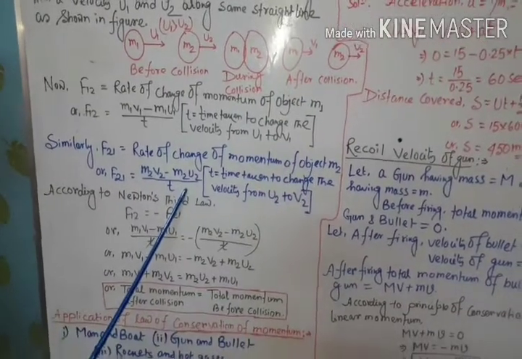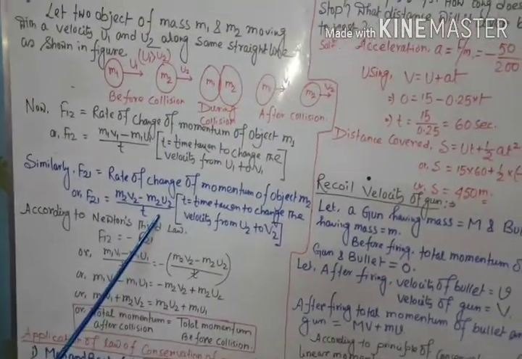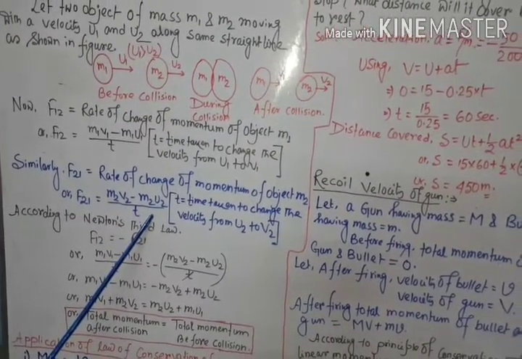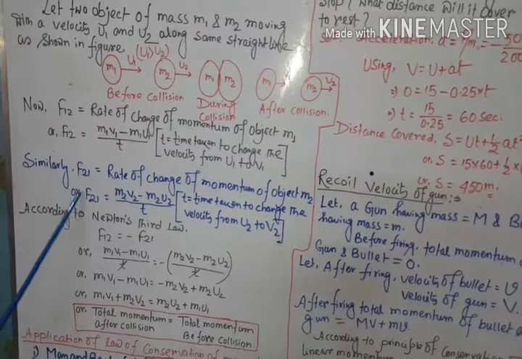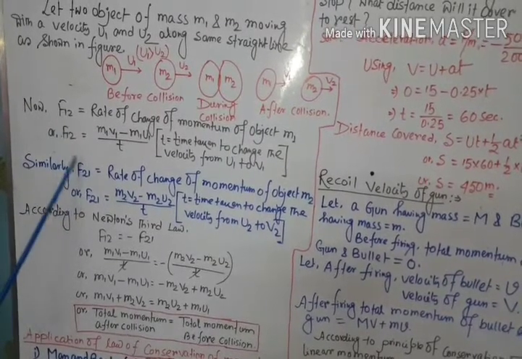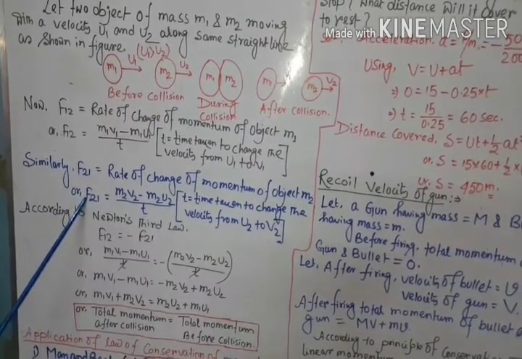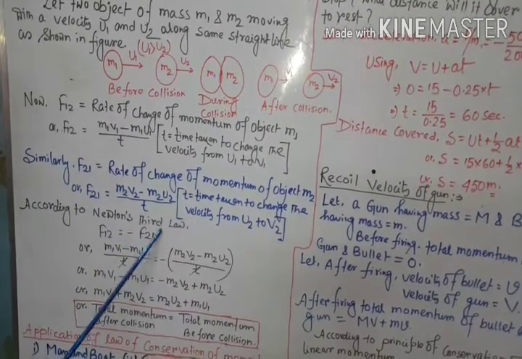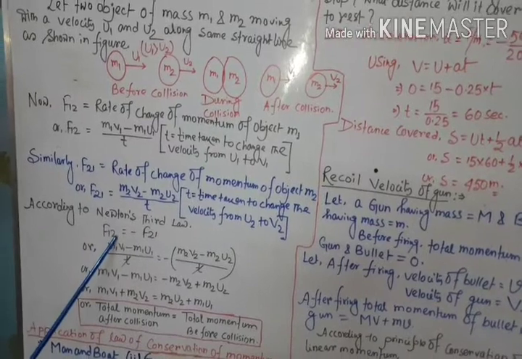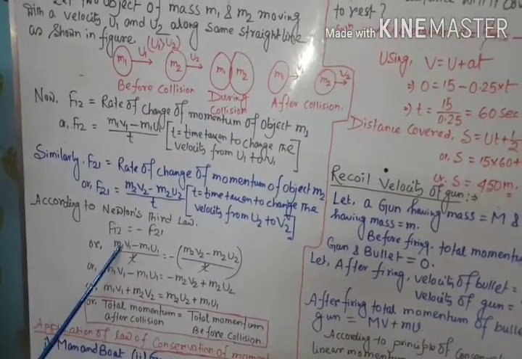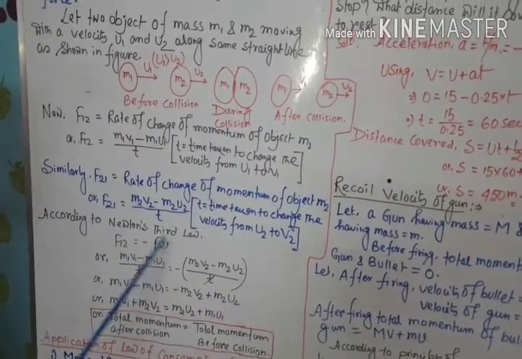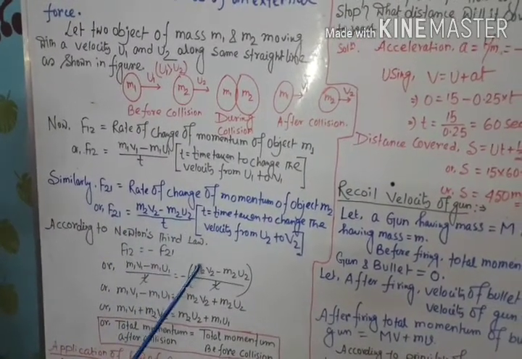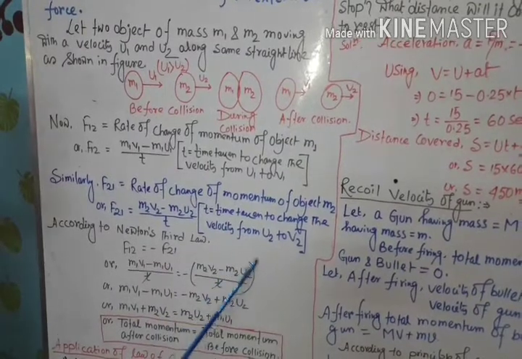According to Newton's third law, we know that action and reaction are equal in magnitude but their directions are opposite. Therefore, we can write F12 equals minus F21. So in place of F12, we write (m1 v1 minus m1 u1) by t equals minus, in place of F21, (m2 v2 minus m2 u2) by t.